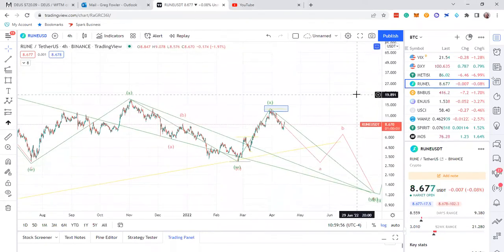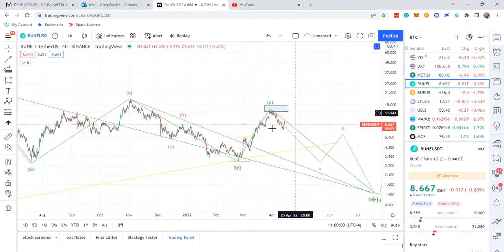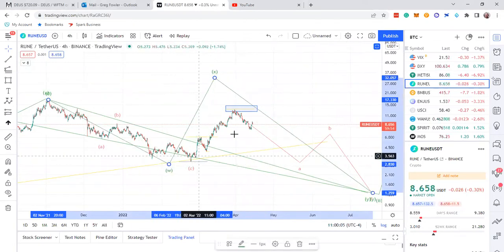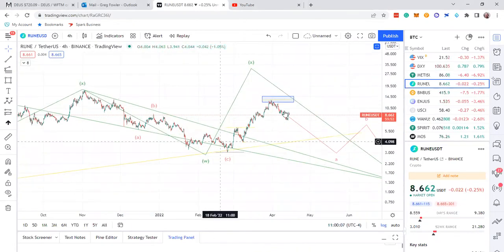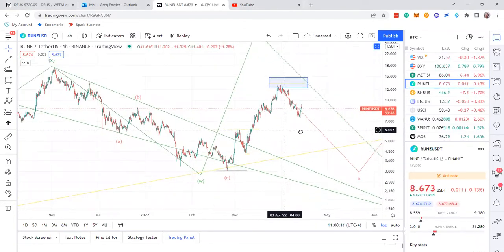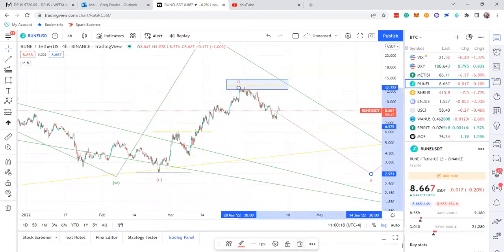And we go into this Rune and dive a little bit deeper, because I've got to make sure I see what's going on with the structures. So this is the structure on Rune right here that's in question. We want to find out whether this structure is bullish or bearish.